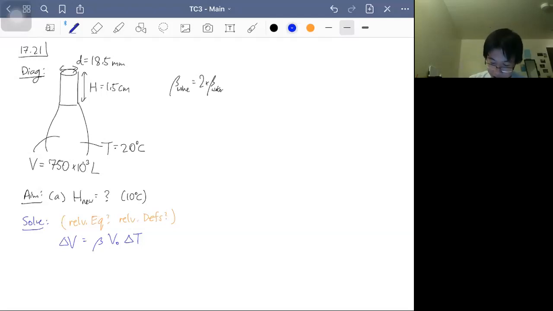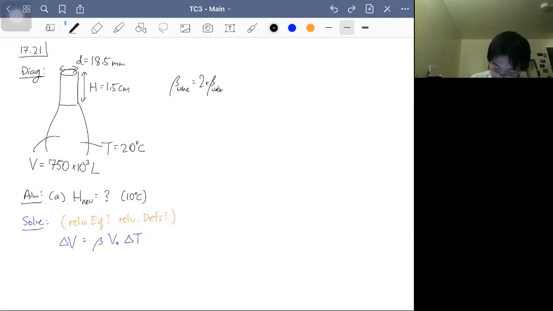So what is our scenario? Your question is, what is the delta V for? What's expanding? In this situation, there are several options. It could be the wine, it could be the air above the wine, it could be the glass. I think it's pretty obvious it should be the wine, right?